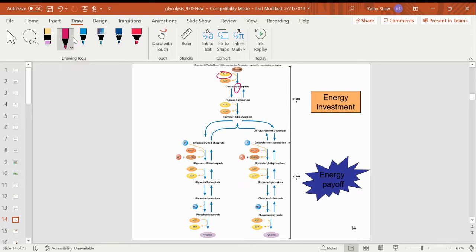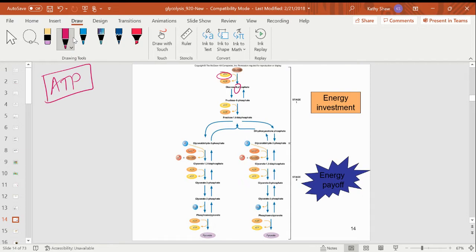So get really keyed into when I'm making or using ATP, and we've talked about this. For me to make ATP out of ADP, I have to have enough energy to replace the energy of the high energy phosphate bond. That's like paying in energy to do something.